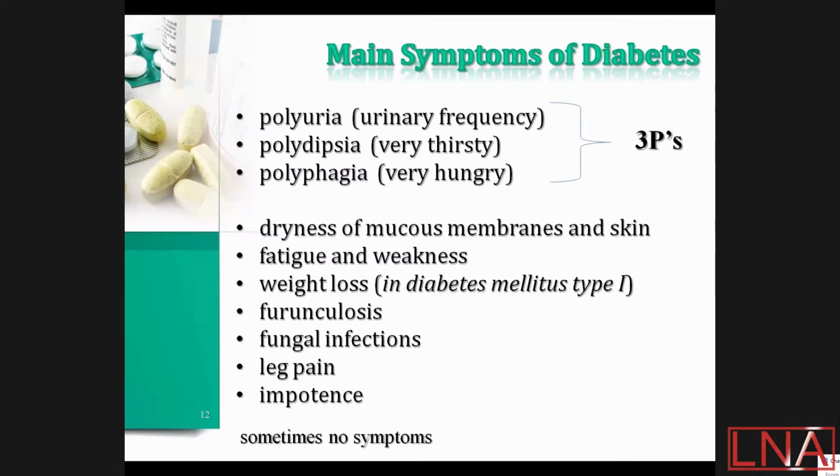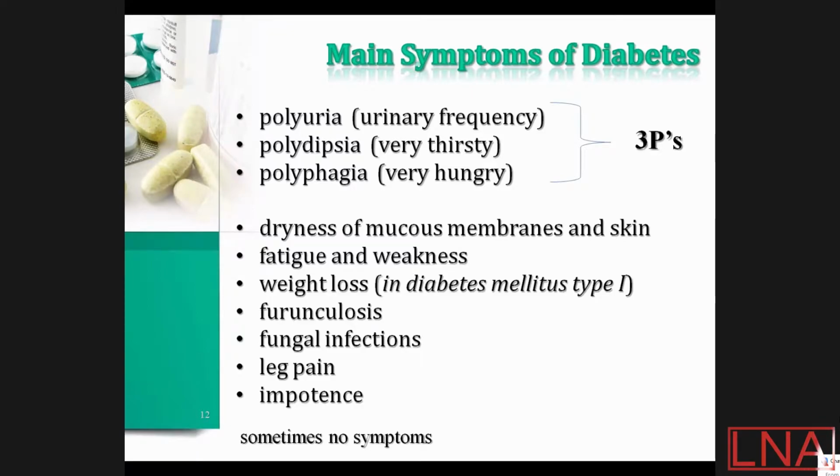Polyuria is urinary frequency, polydipsia is being very thirsty, and polyphagia is being very hungry. If your patient, or any person who knows you, told you about these symptoms, first think about diabetes.